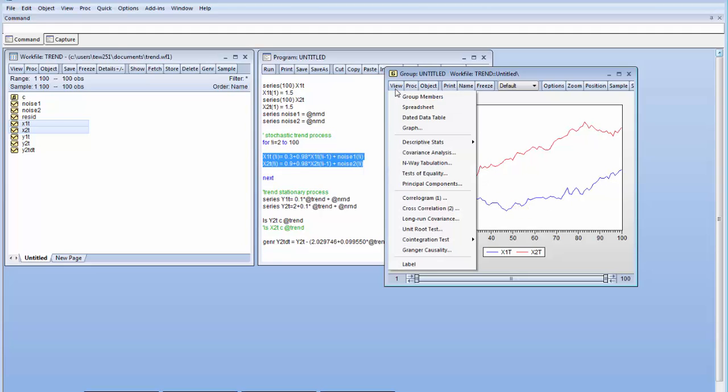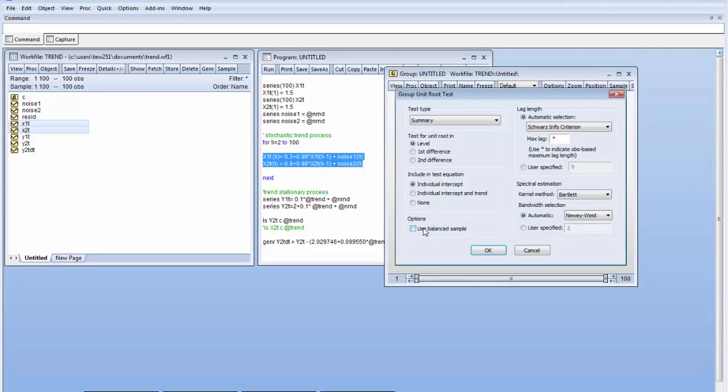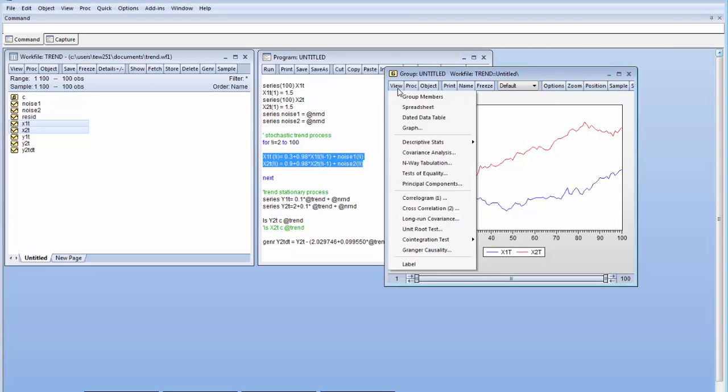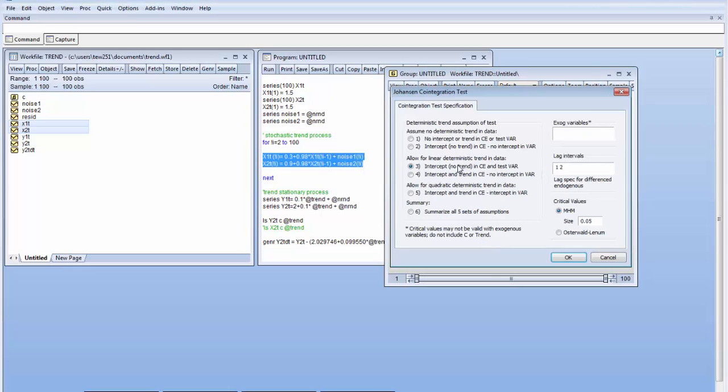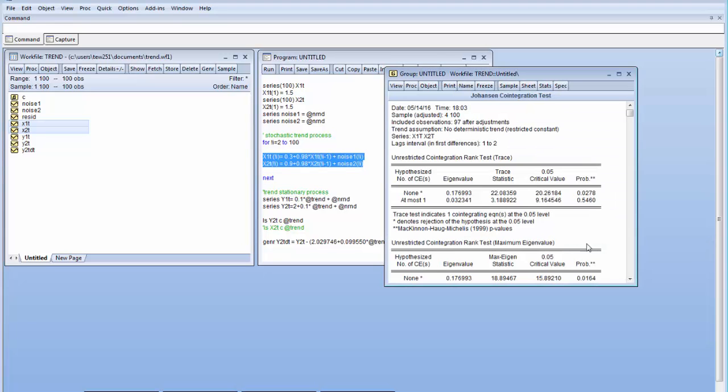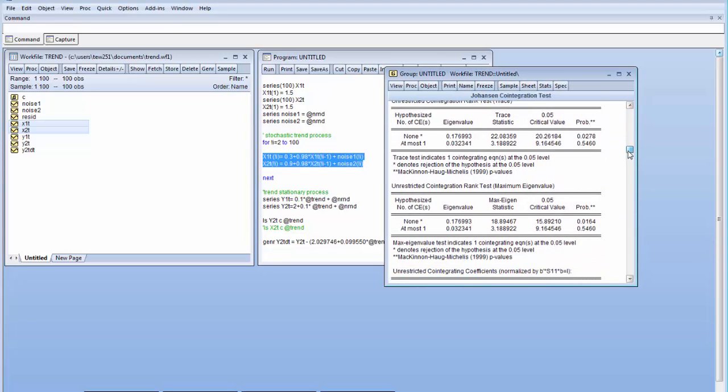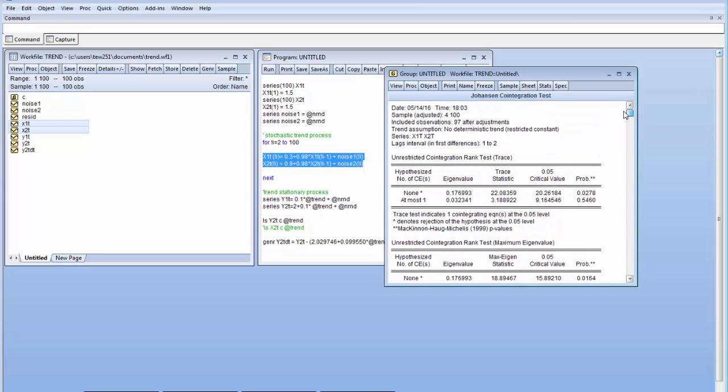So what we do now is a cointegration test, sorry, not a unit root test, with just the intercept in the cointegration equation, but no intercept in the VAR, and see what happens. Well, in this case we gain at least one cointegration relation. Again, you have to be very careful.